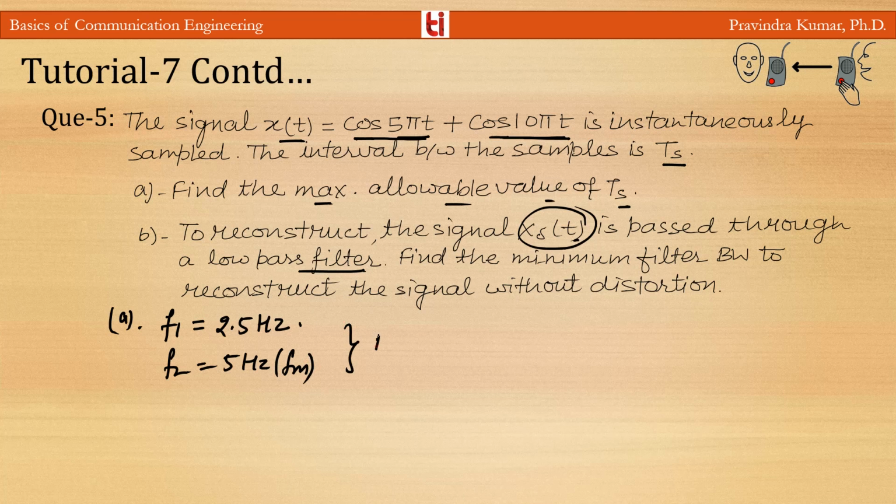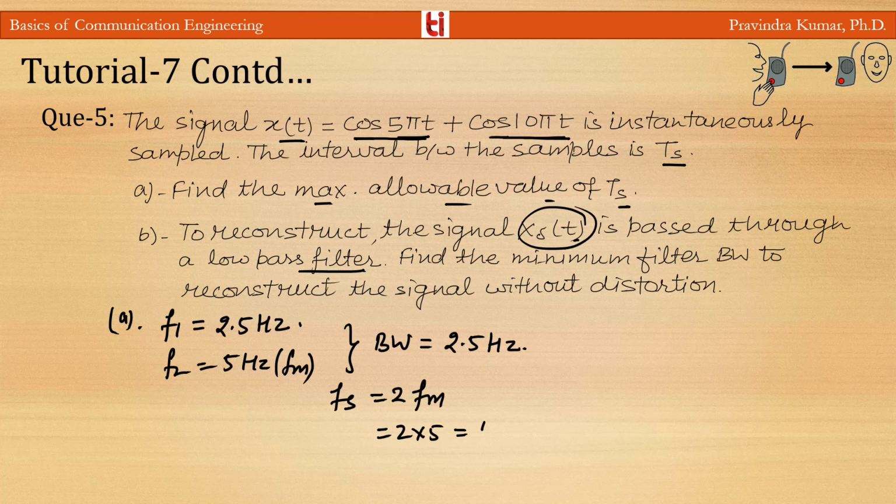The bandwidth of this signal is 5 Hz, and the minimum sampling frequency is equal to 2fm, so it is 2 × 5 = 10 Hz. The allowable sampling interval Ts is equal to 1/fs, or 1/10 Hz, so it is 0.1 second.